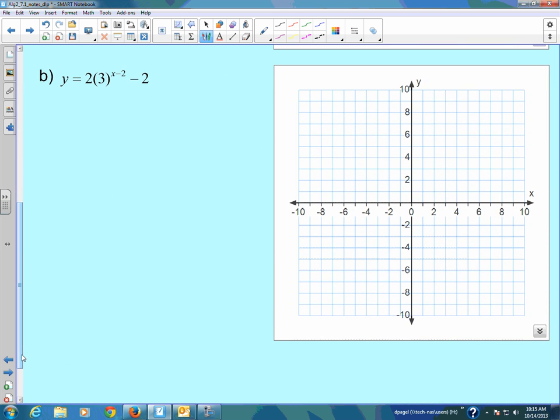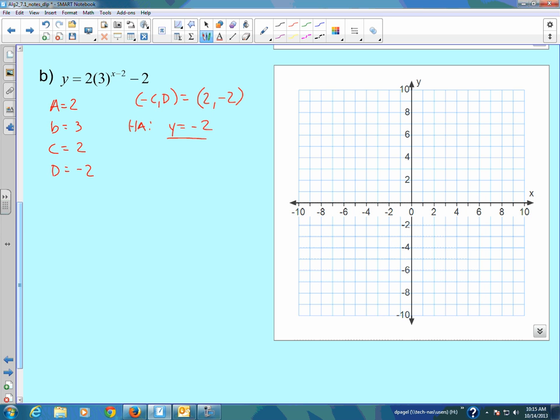All right, for this next one, doing the same thing, identifying all of our pieces: vertical stretch factor, growth factor, horizontal translation, vertical translation. Imaginary starting point would then be 2, -2. My horizontal asymptote is the d value of my imaginary starting point.